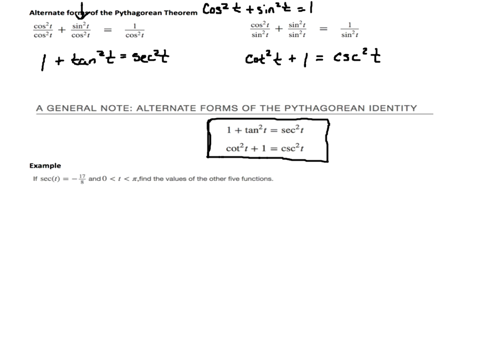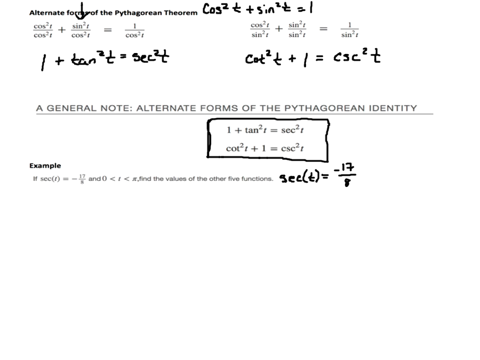Okay, so this next one's where we're starting to have to do a little bit more work to pull those trig functions out. We are given at the beginning that the secant of our angle t is equal to negative 17 over 8.